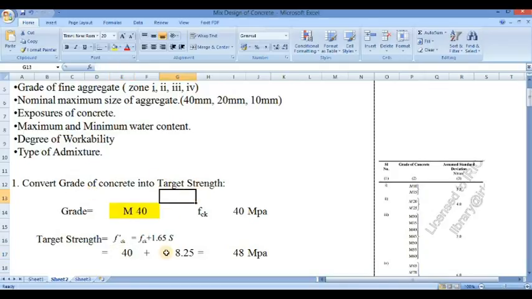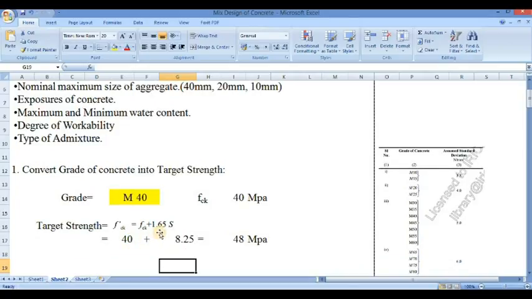This target strength comes based on some statistics. I will discuss in another video how this actually comes, why we have used 1.65, what S is, and so on. For right now, for target strength f'ck, you have to add some cushion to your desired fck or desired grade. Our desired grade is 40. With that, we will use 1.65 times S. What is S?